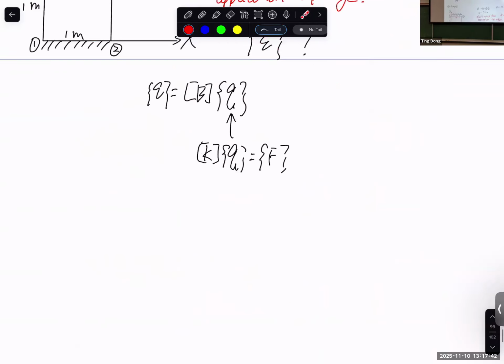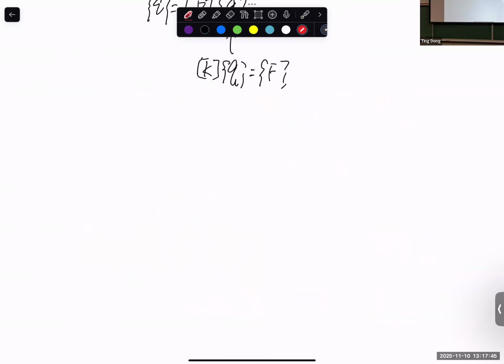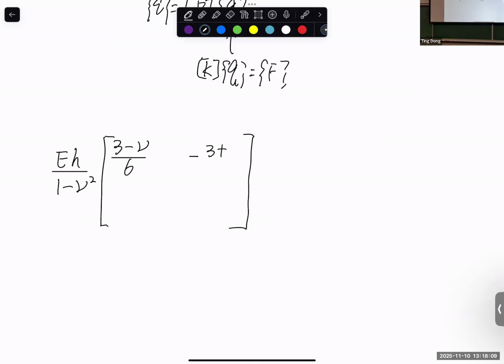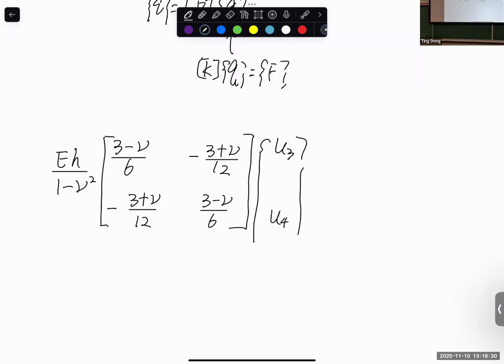Okay, now let's put in KQ equal to F. U3, U4, right?